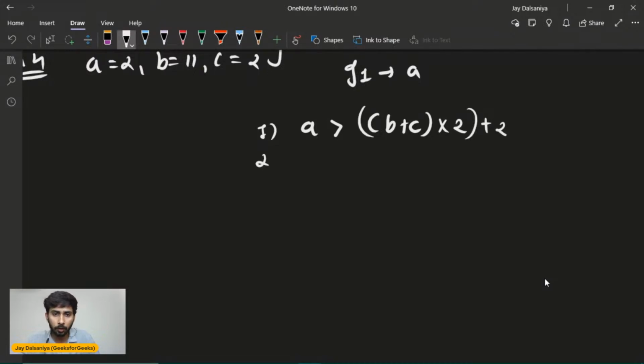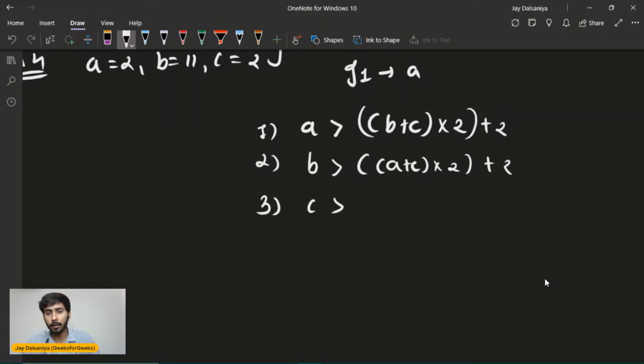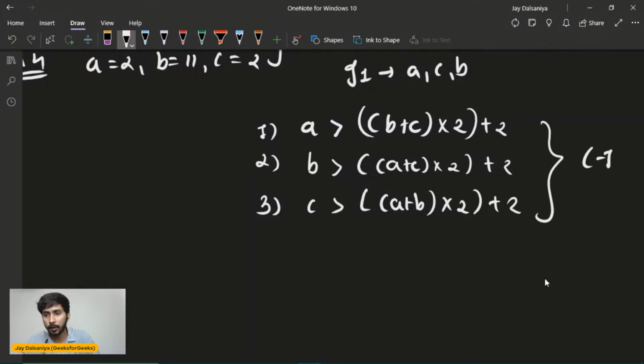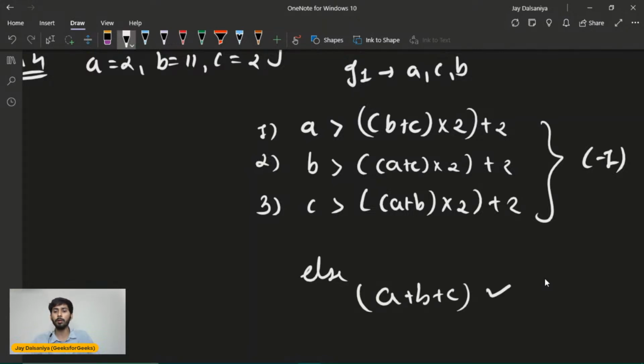Or, if B is in G1, if B is greater than A plus C into 2 plus 2. Or, if C is the character in your G1, then you write A plus B, which will be your G2 into 2 plus 2. If any of these conditions is true, then return minus 1. Else you can return A plus B plus C, that is the length of the string. The output will be possible.